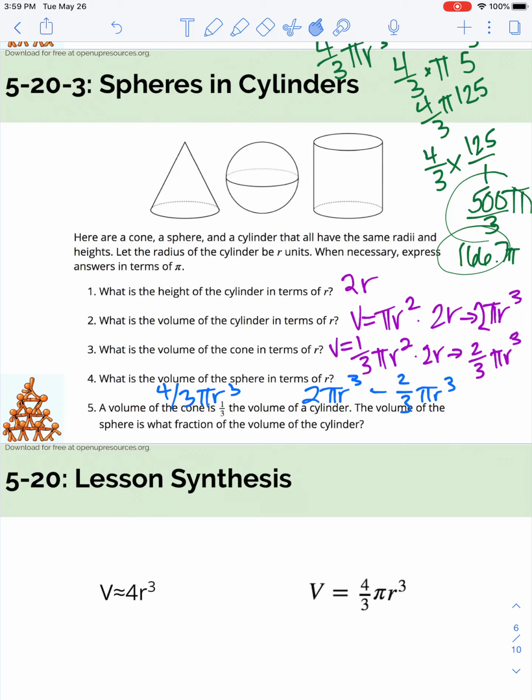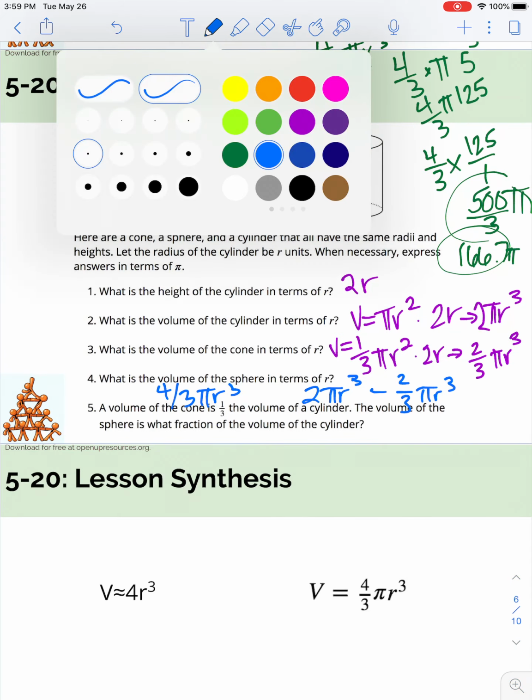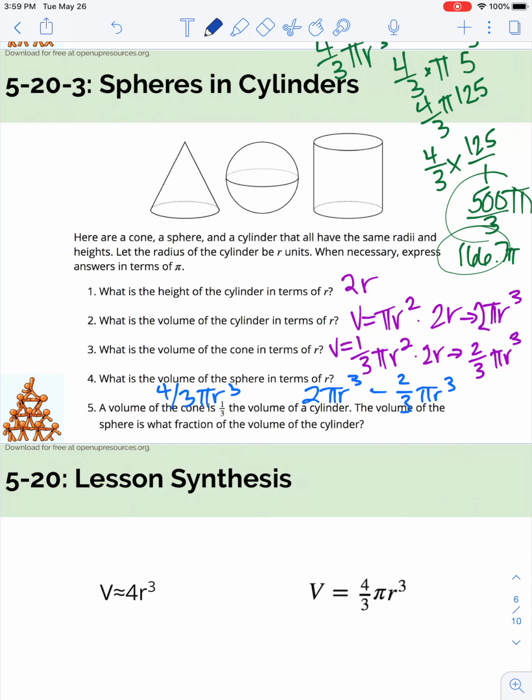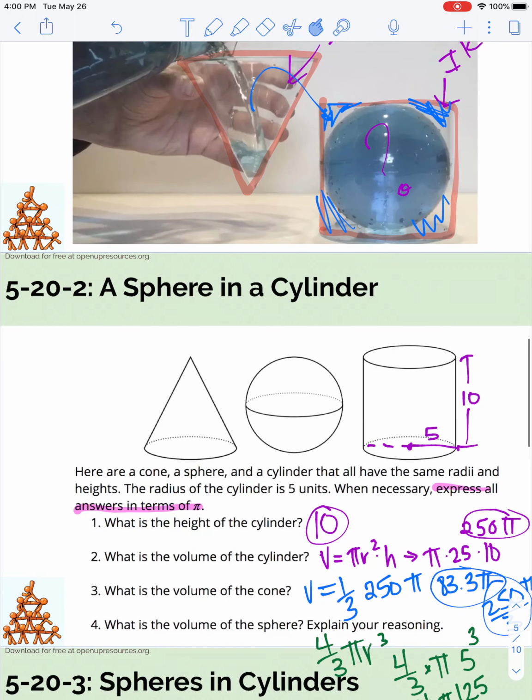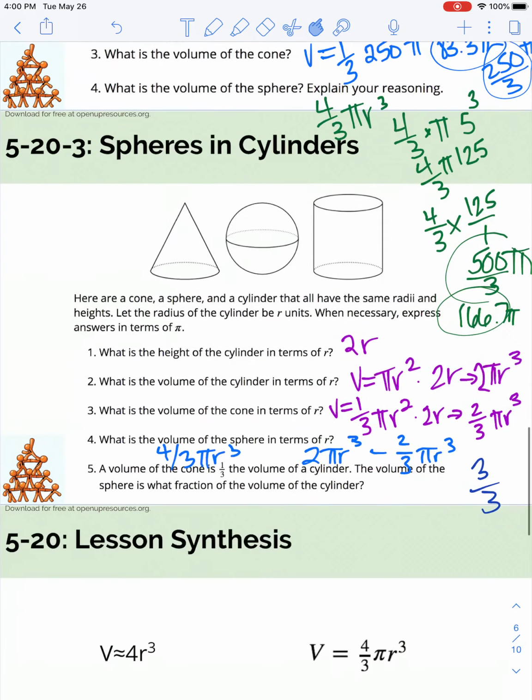Okay, so number 5, the volume of the cone is 1/3 the volume of a cylinder, and that's from the math we just did. The volume of the sphere is what fraction of the volume of the cylinder? The easiest way for me to understand this is to think, well, it's going to have to add up to 3 over 3, because everything has to reach a whole, just like in this little video, where we filled the whole thing and everything had a volume that was at capacity.